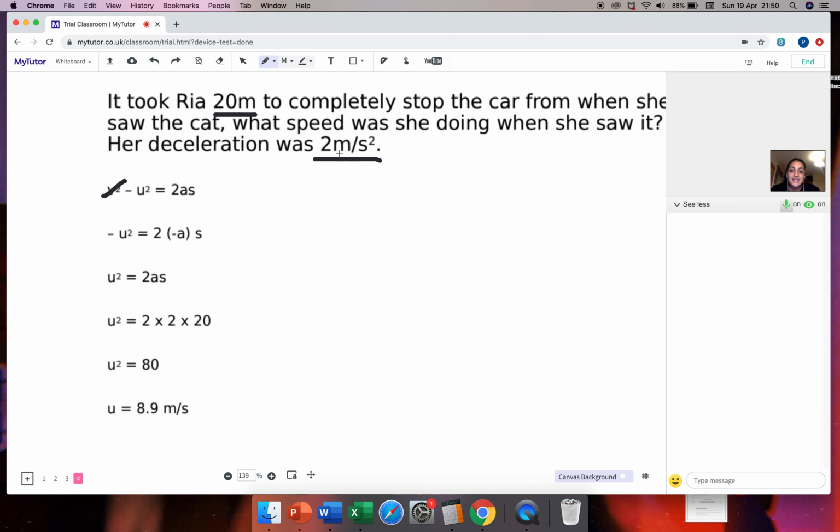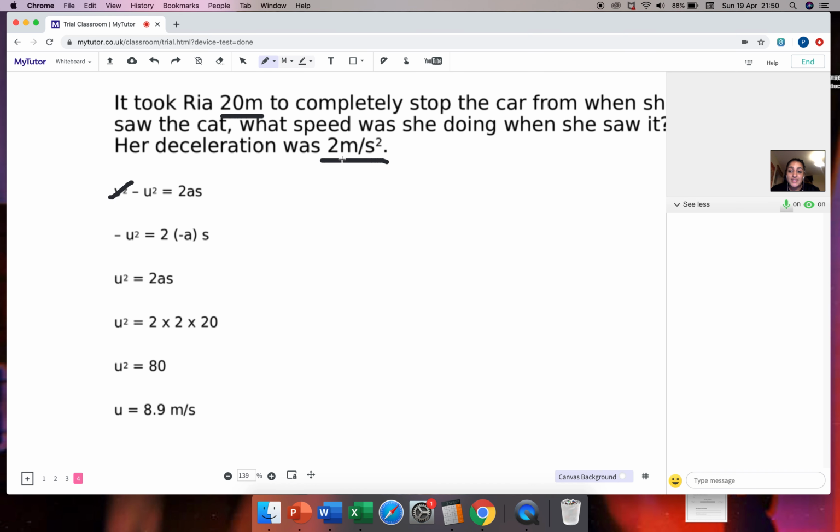Now because it's a deceleration, we need to make the a negative. So that's why I've put a minus sign there. But because there's a negative on the left-hand side and the right-hand side, they just cancel each other out. So we're left with u squared equals 2as. Now we can input our values that we have from the question. So u squared equals 2as.